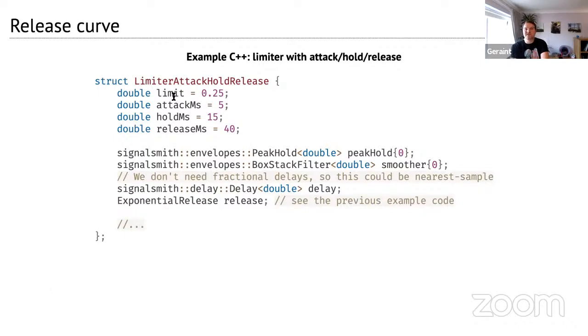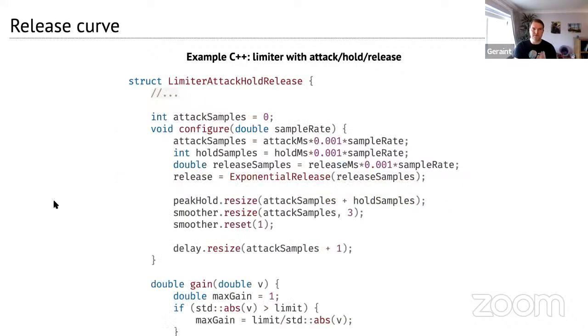So we've got our 4 parameters here: the threshold, attack, hold, and release. We've got the same things that we had before with our single time control, except we've now also got this exponential release, which is exactly the class that we saw before.